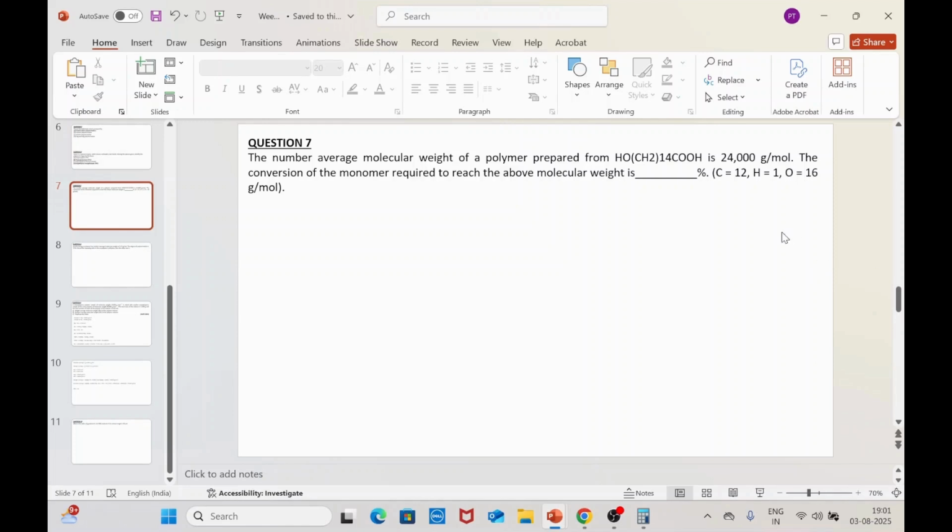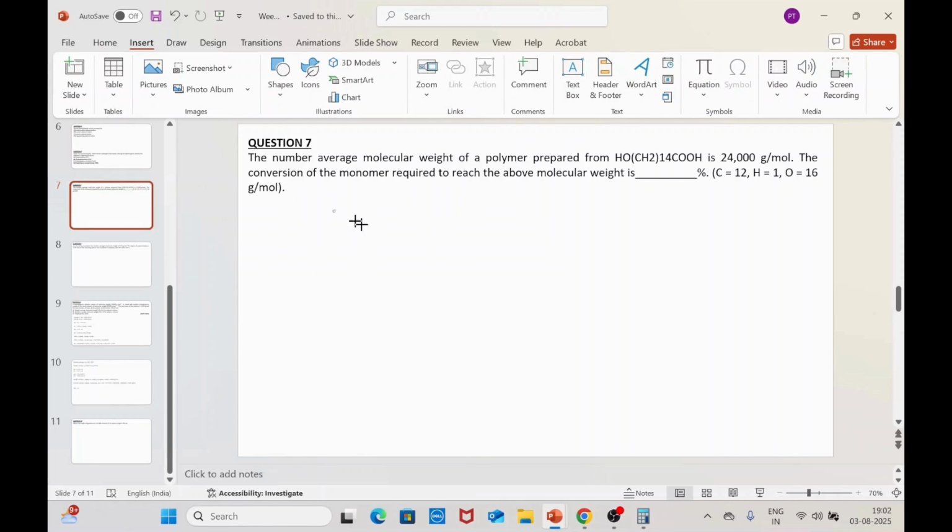So what is that molar mass value coming up to? Are you saying the percentage or the molar mass? Are you sure? I'll just read it aloud. So it's OH CH2 14 COOH. 258. Okay. So molar mass of this unit is 258.